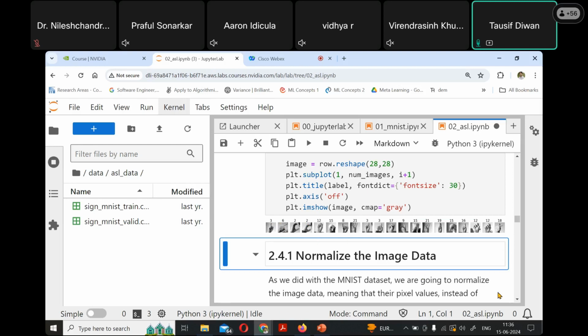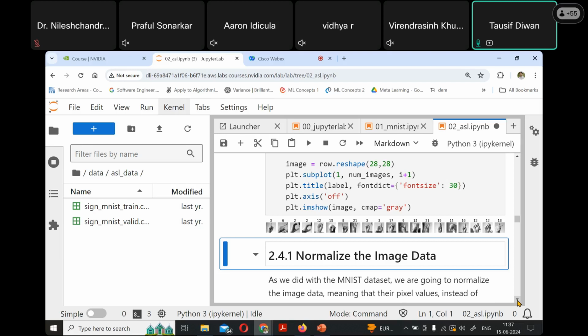Suppose if it is label A, then the index is 0. If it is label B, then it is index 1. The last index is 23, because indices start from 0. 0 to 23 means 24 indices, and it's a 24 category classification problem.